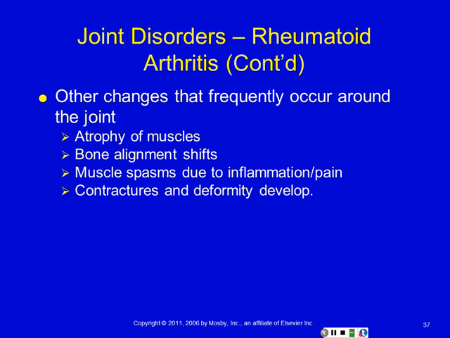All right. Around the infected joints, you often get atrophy of the muscles. If it hurts to move a joint, you tend to move it less, and if you move it less, the muscles get smaller. So you get atrophy. The bone alignment can shift as the synovial membrane swells and is deformed. It will literally pull the bones out of shape.